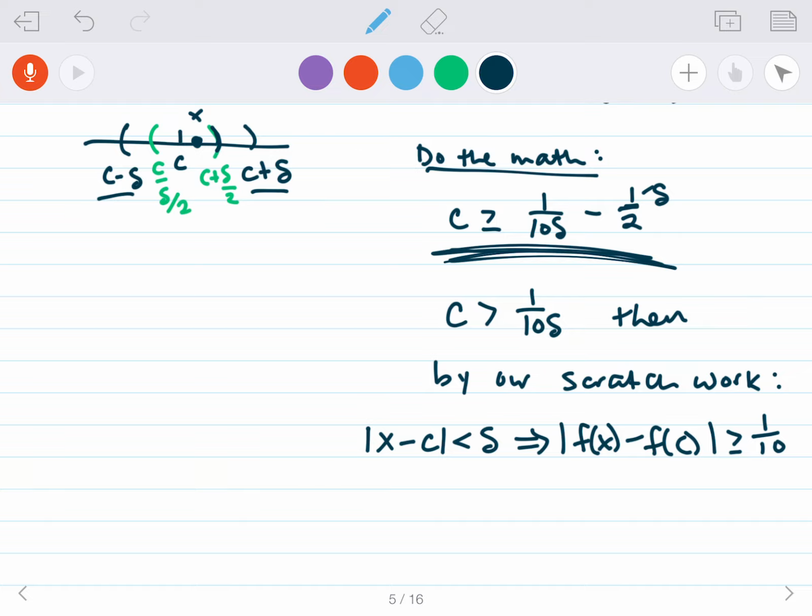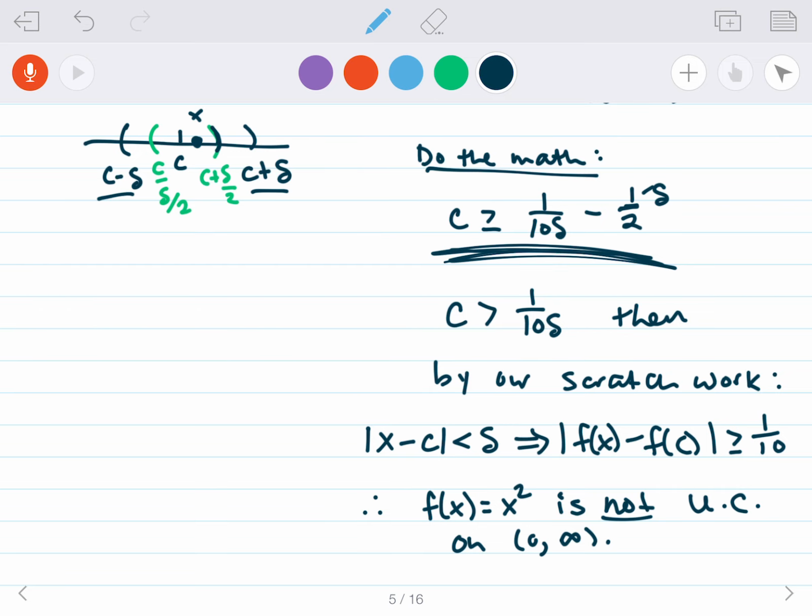Okay, and so therefore, f of x equals x squared is not uniformly continuous on 0 to infinity.